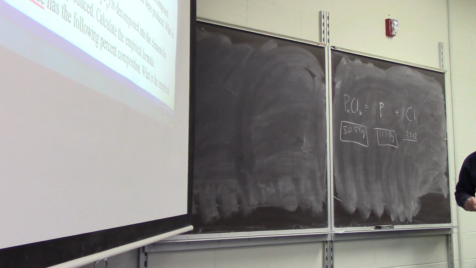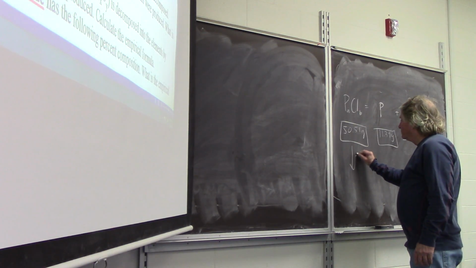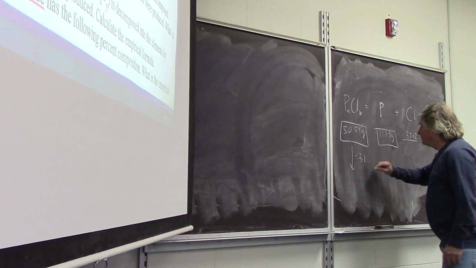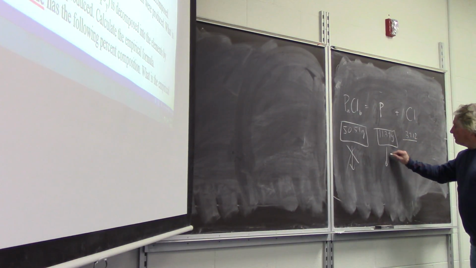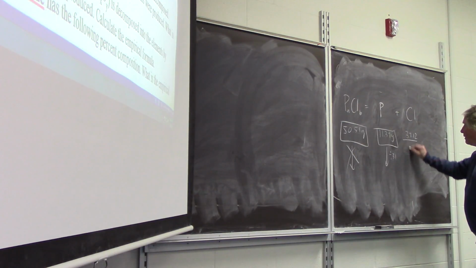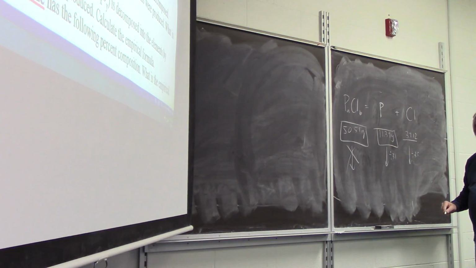Now I want to figure out the empirical formula. Well, I have grams, so now I can just figure out moles. I divide by the molar masses: divide by 31 and divide by 35.5.